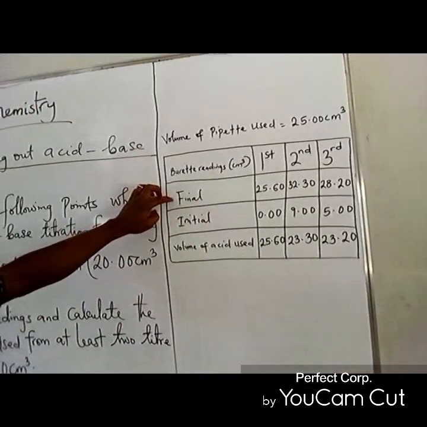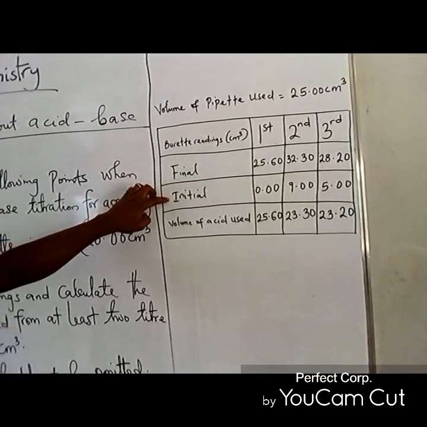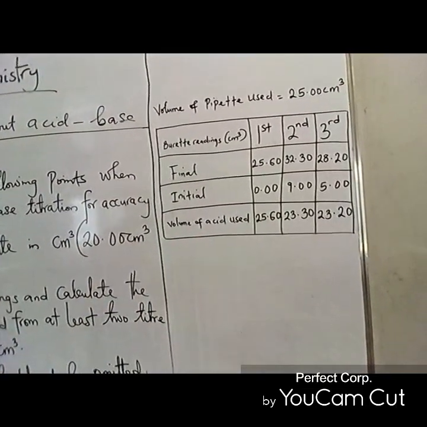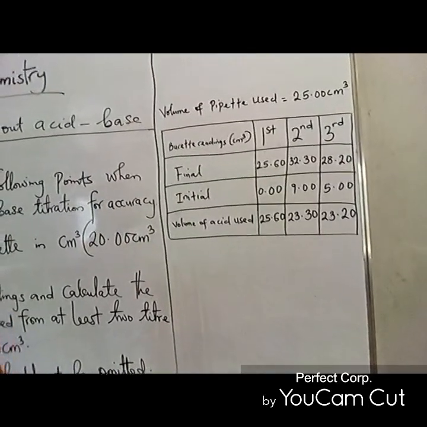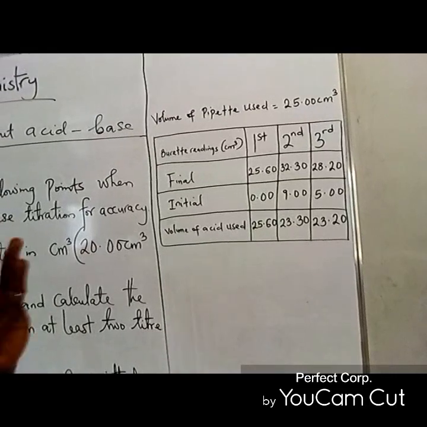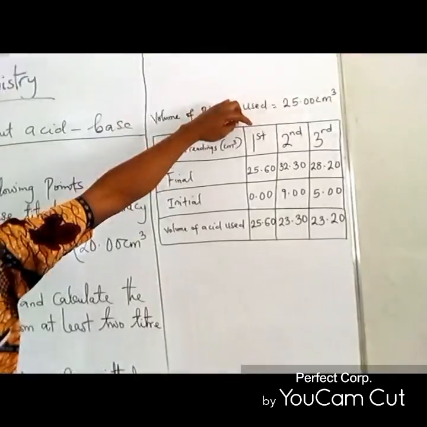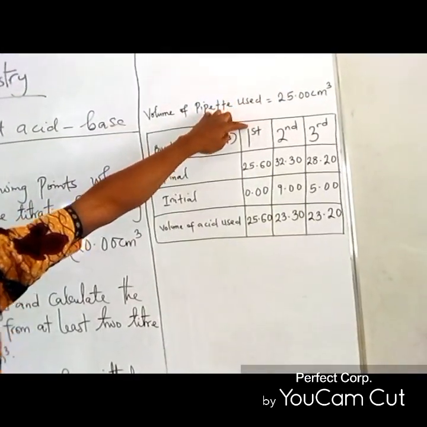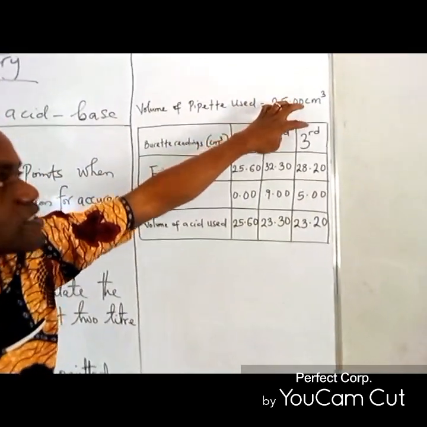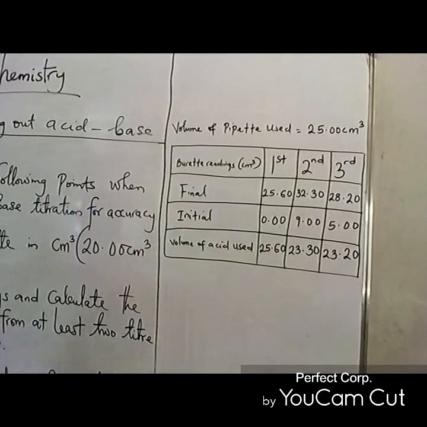Then we have final reading, initial reading, and volume of acid used. Ordinarily, when you are titrating, you need to titrate 3 times. That is why we have first titer value, second titer value, and third titer value.